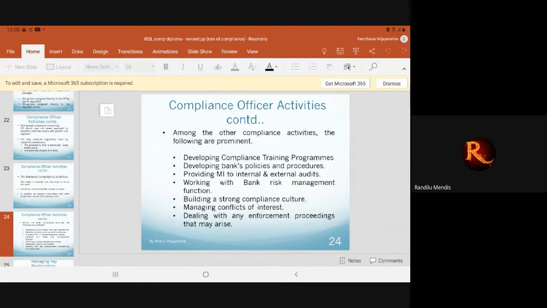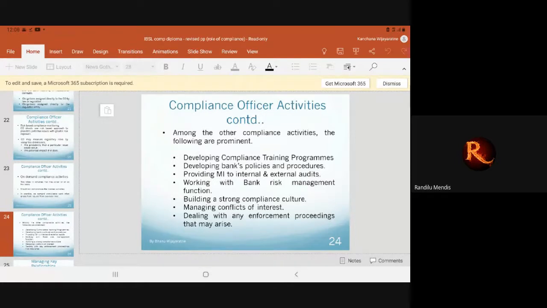Governance requirement, certain committees: who should sit in this committee and who should not be sitting in this committee. Example, executive directors cannot head the audit committee or the risk committee. It's a governance requirement because there can be conflict of interest, right? So the international best risk practices are violated.